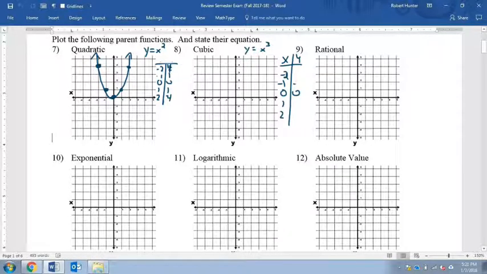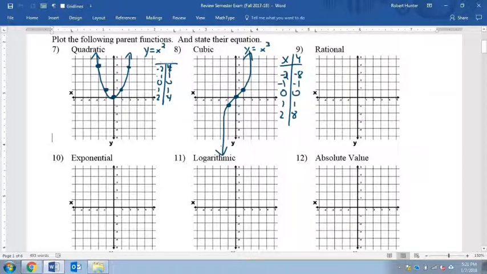Negative 1 cubed is negative 1. Negative 2 cubed is negative 8, which we can't fit on here. 1 times 1 times 1 is 1. 2 times 2 times 2 is 8. So you get a graph that comes in and looks like that. That's a cubic function. Those are the ones that look like lightning bolts.